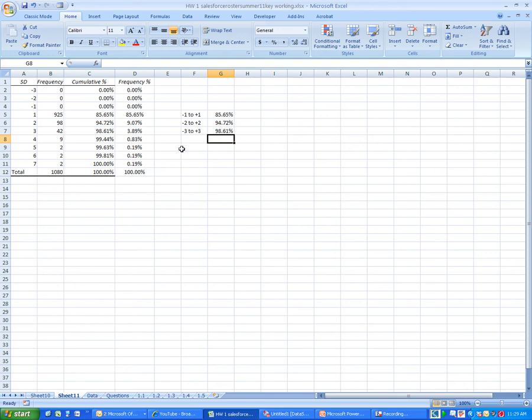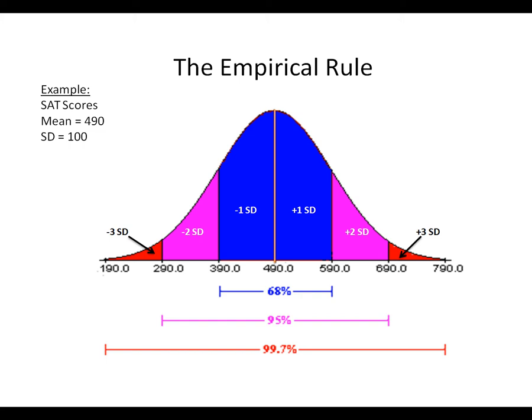Now, the second part of your question is asking you to compare and contrast that to the empirical rule. Well, the empirical rule, if you remember, stated that 68% are supposed to be minus 1 to plus 1, 95 are minus 2 to plus 2, and 99.7 are minus 3 to plus 3 standard deviations.